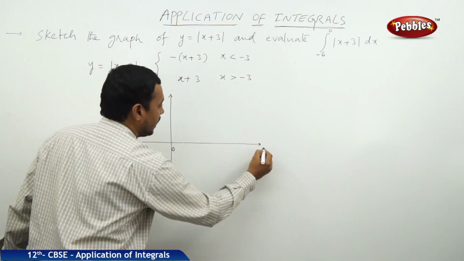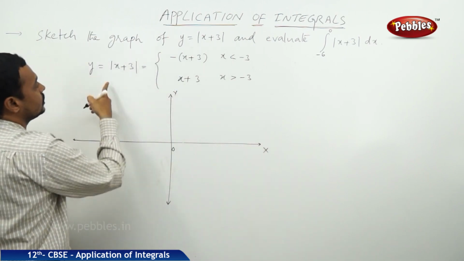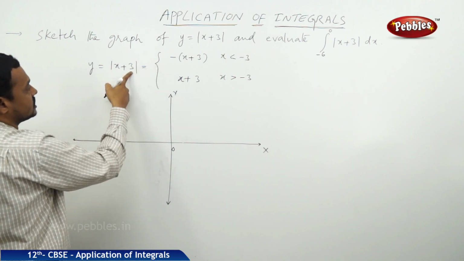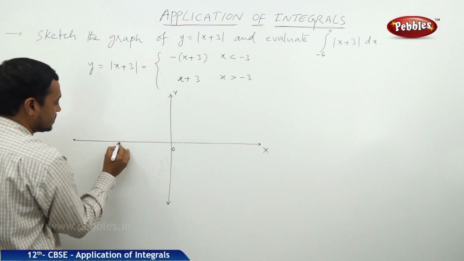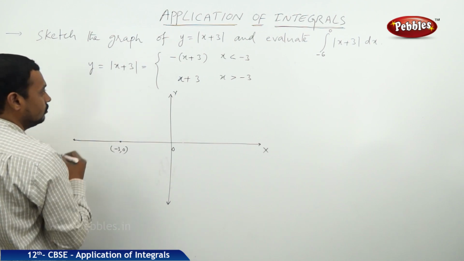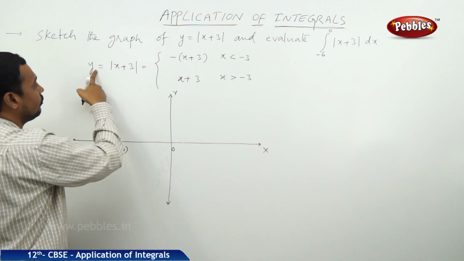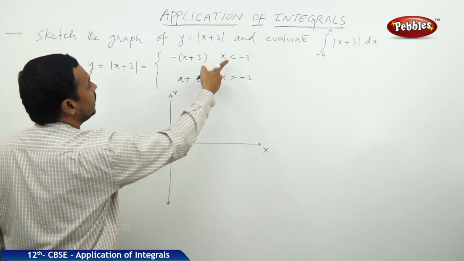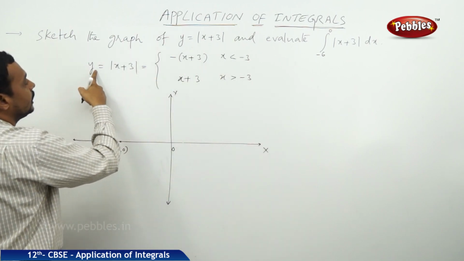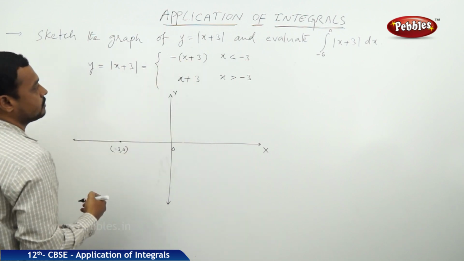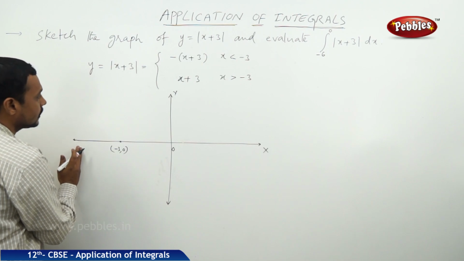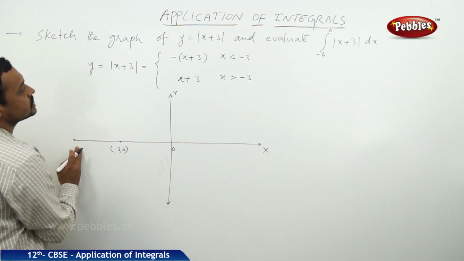Now it is origin, x axis, y axis like this. You see, it's a straight line. y is equal to x plus 3 is a straight line which cuts the x axis at x is equal to minus 3. Let it be the point minus 3 comma 0. Now when x value is less than minus 3, then it is y is equal to minus of x plus 3.